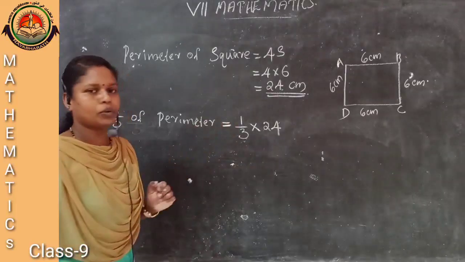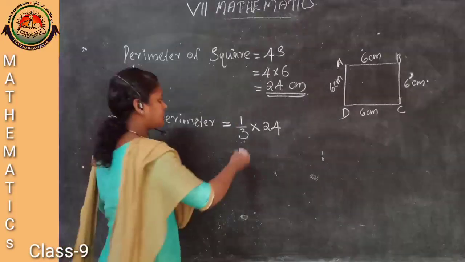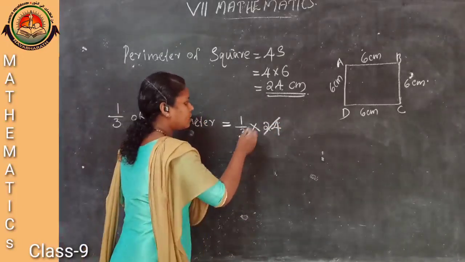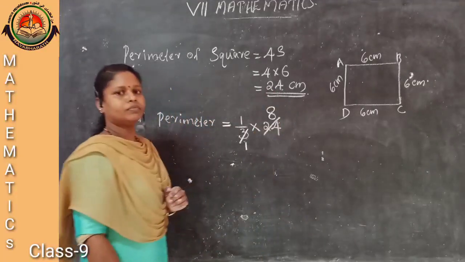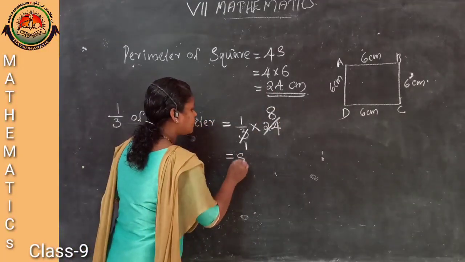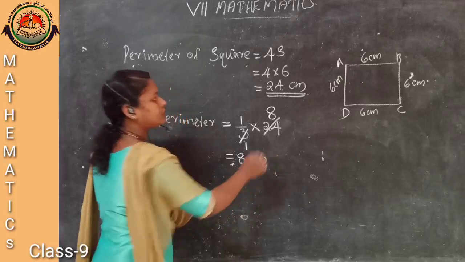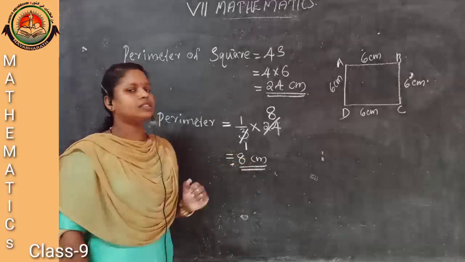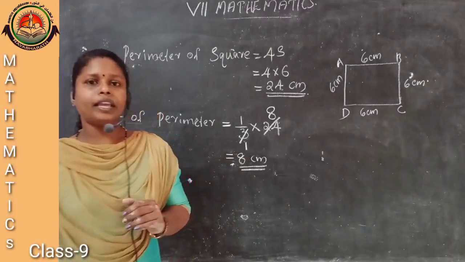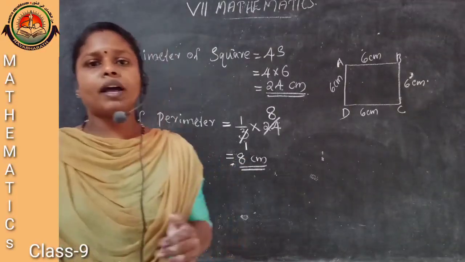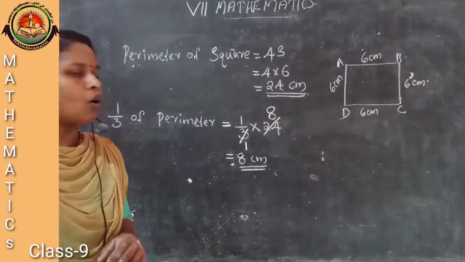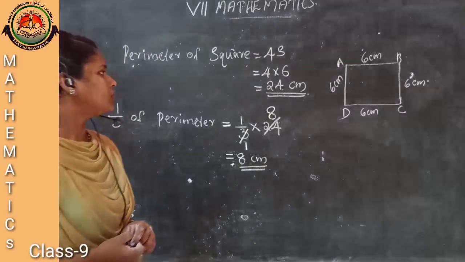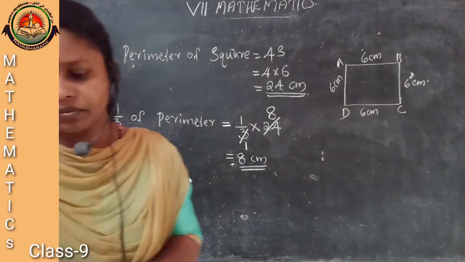First we have to remove the common factors 3 and 24. 1 here, 8 there. Then 1 into 8, that is 8 centimeter. So 1 by 3 of the perimeter means 8 centimeter. That is the 1 by 3 of the perimeter of the given square. Clear? Simple question.